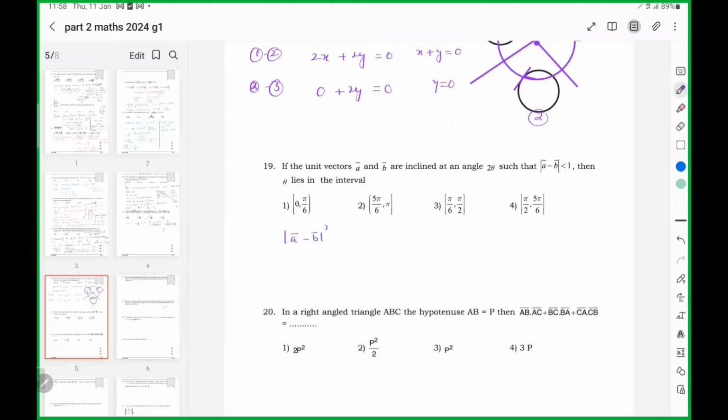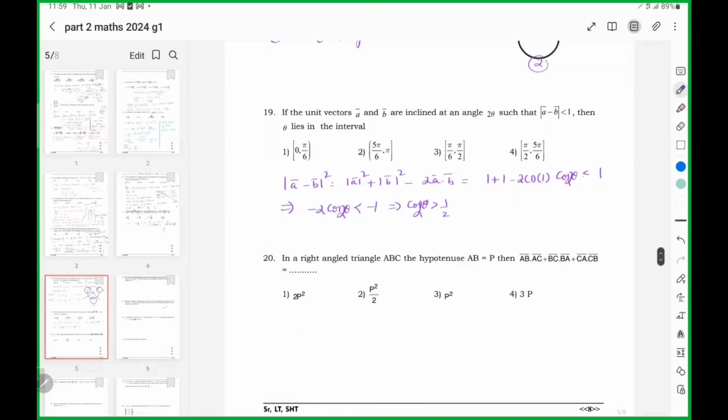Here mod of a minus b whole square is mod a square minus 2a dot b. Mod a is 1, mod b is 1. From here, minus 2 cos theta is greater than half. We set the angle as 2 theta. Let us take 2 theta. So then theta will be in the interval. Let us draw the cos 2 theta graph.